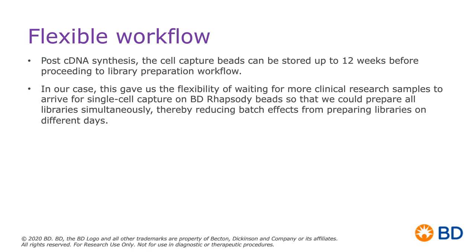The same is true with sample multiplexing, where we can load all of our samples together. They're all mixed up, all being treated the same, all recovered the same, and all going through the same library prep. It really can help you minimize batch effects between your experiments because, at the end of the day, we're looking to answer biological questions, not find limitations in technology.